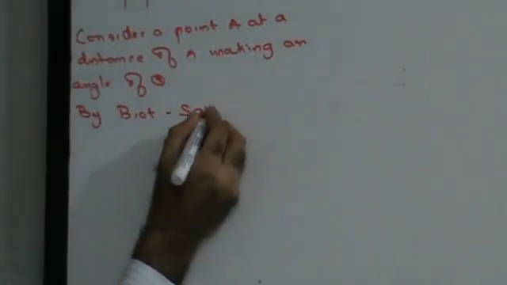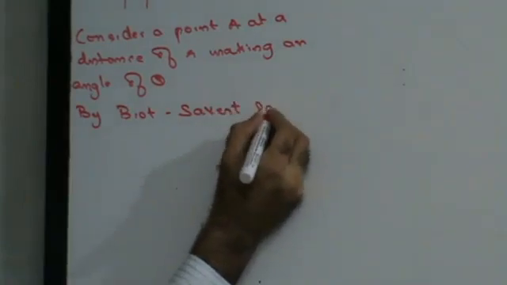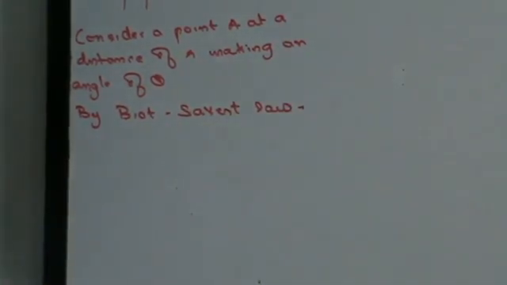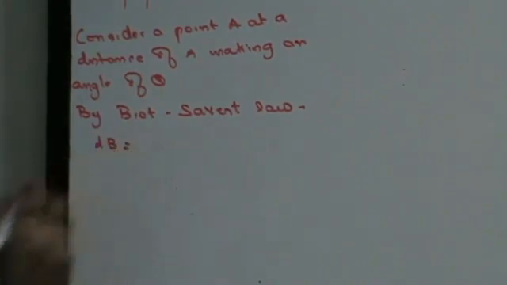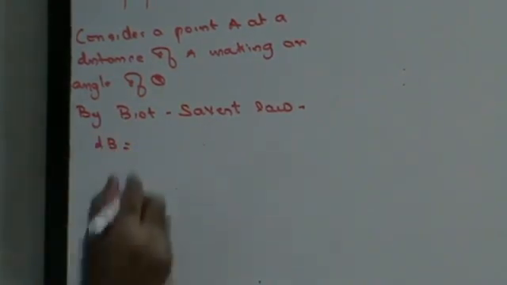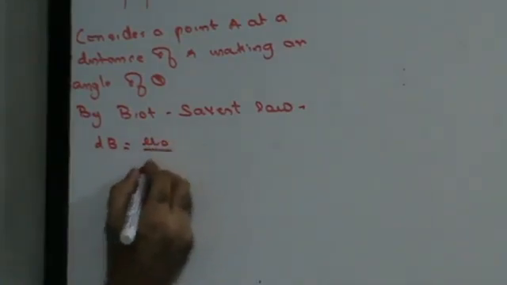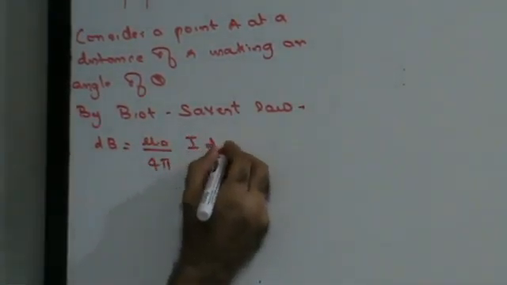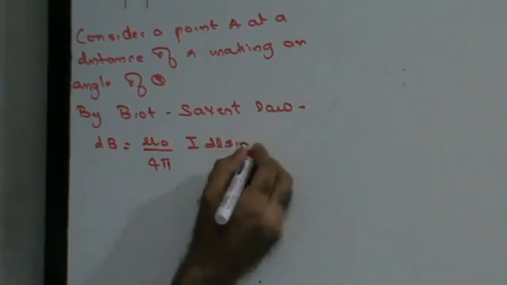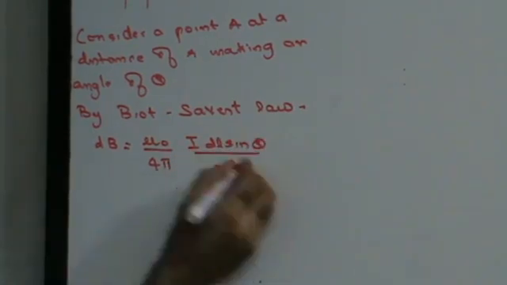Biot-Savart's law, we've learned this before, the magnetic induction at point A due to small length of the conductor dl is mu 0 upon 4 pi I dl sin theta upon r square.